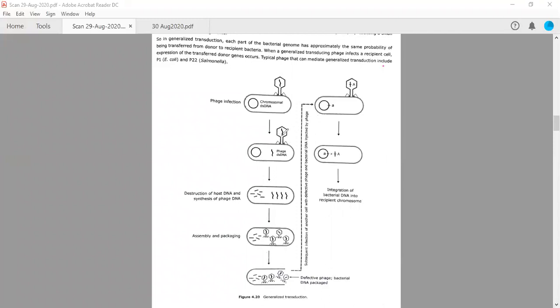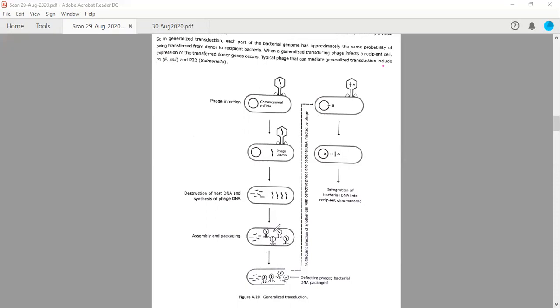When this bacteriophage releases its DNA into the bacterial cell, it will make copies of its genome. At the same time, the bacterial genome will be disintegrated, fragmented, and these fragments are then taken up when the phage is undergoing assembly in the bacterial cytoplasm.